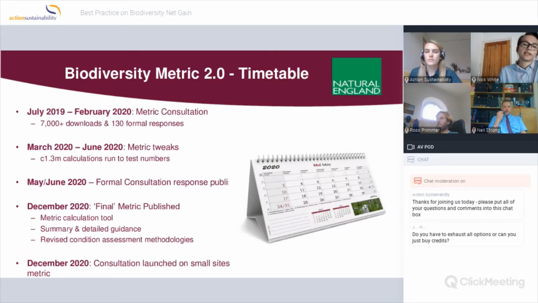We published a beta version of the metric in July of last year, and that went out to consultation, and that consultation closed in February. We've been working on the responses to that, and we recently published a summary response to the consultation, and we're looking to re-release the metric in its final form in December of this year.